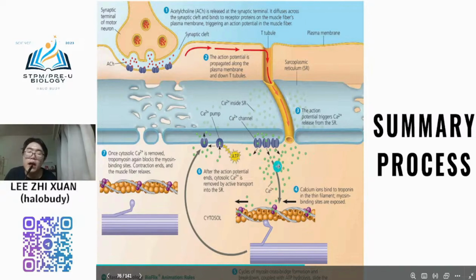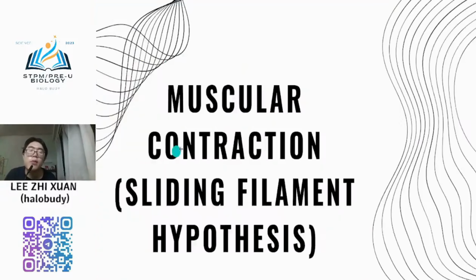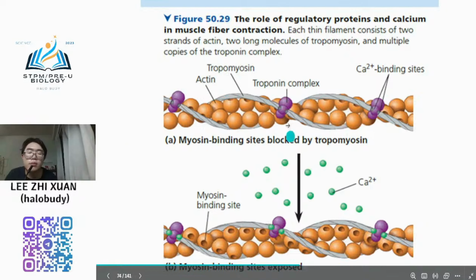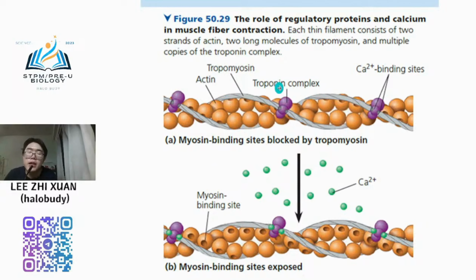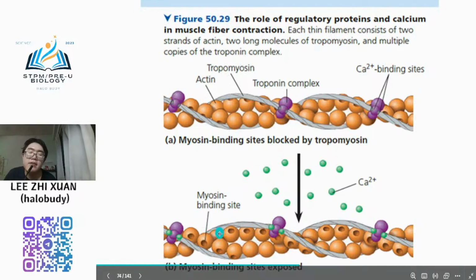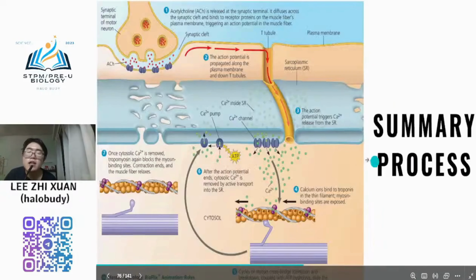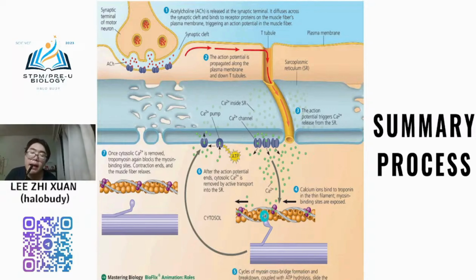Once the calcium ion has reached the sarcomere, it will bind to the troponin complex. When it binds to troponin, the myosin binding site will be exposed, meaning that the tropomyosin will change its position to expose the myosin binding site, so that your myosin head can bind to the myosin binding site on the actin.